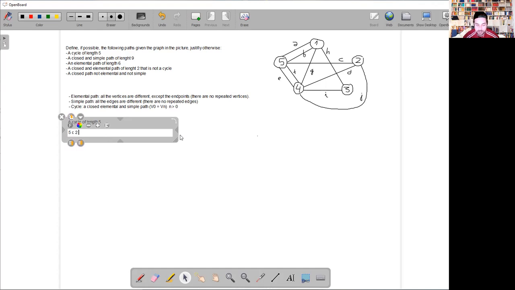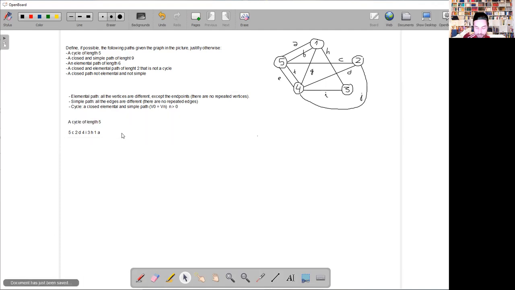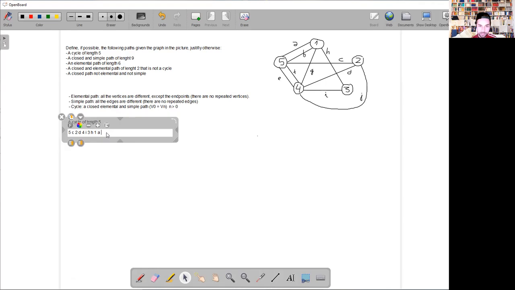Then we take the edge D and we go to the node 4. In 4 we take I and we go to 3. In 3 we take 8 and we go to 1. And this is already length 4. So finally we take A and we go to 5 again.